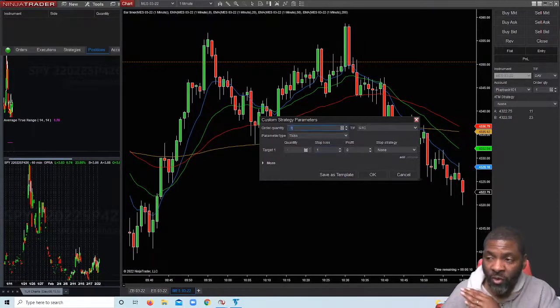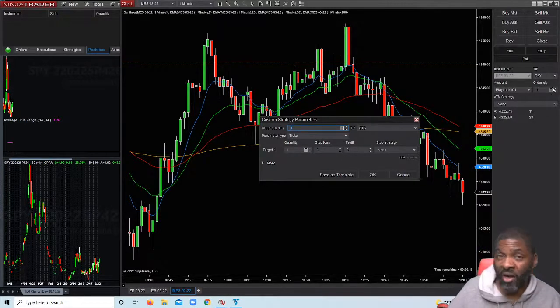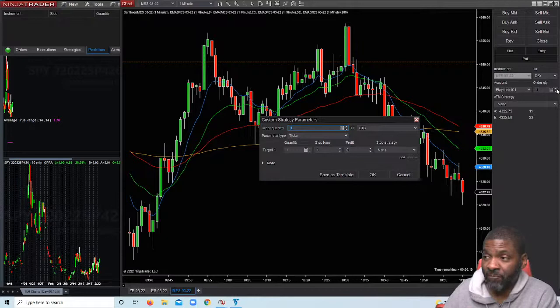So you want to pick the number of contracts you want to get in with by default. I set mine to 1 because over here where it says order quantity, you can always change it. When you change it here, it updates this quantity here.